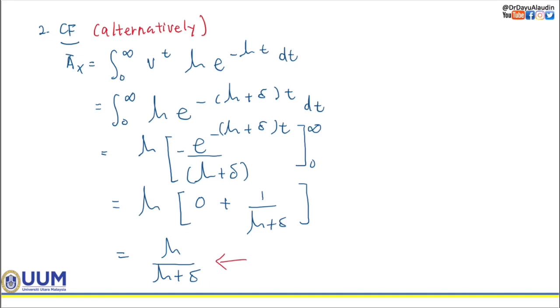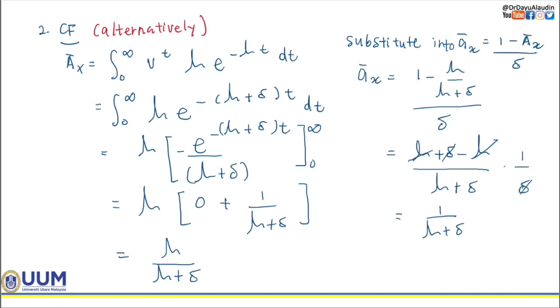Then we substitute into the life annuities, and we get that the annuity for constant force is equal to 1 over mu plus delta, and the insurance for constant force is equal to mu over mu plus delta.